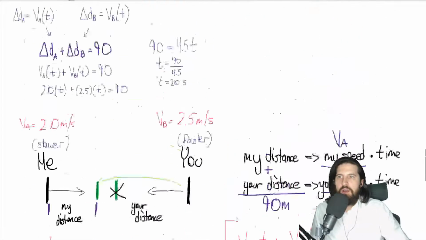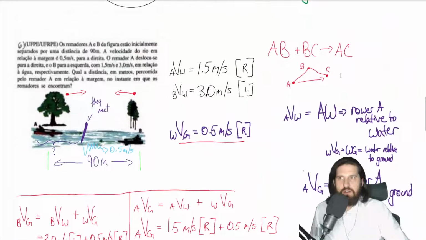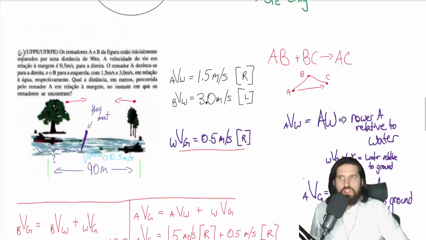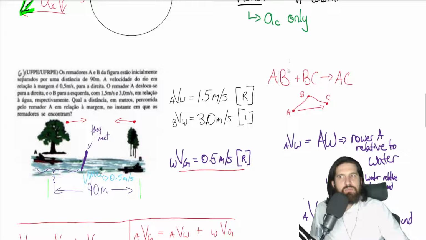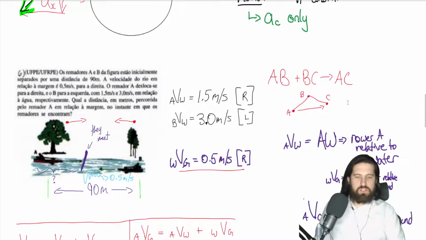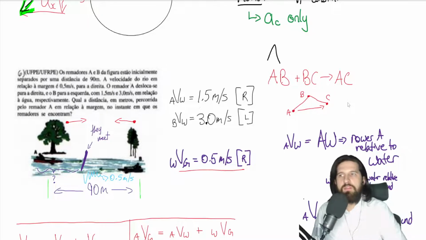And that's this idea here, which is basically A to B and then B to C is the same thing as going from A to C, right? That's what we do. We go from rower A to the water, and we add that to water to the shoreline, and we end up with A to the shoreline.